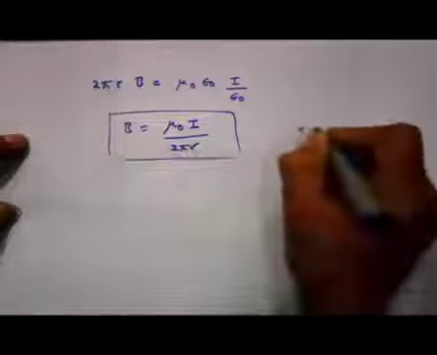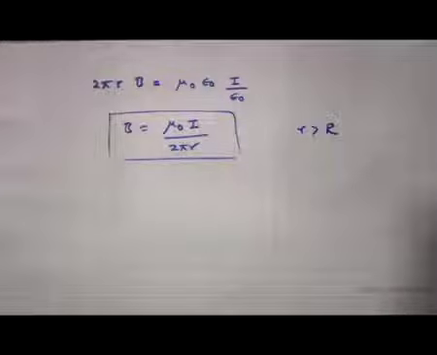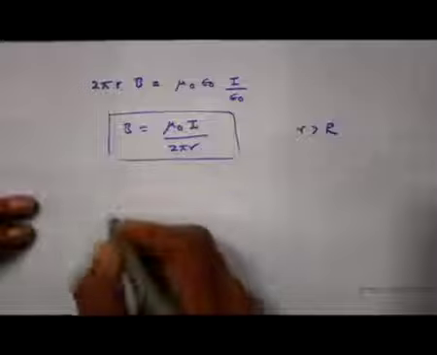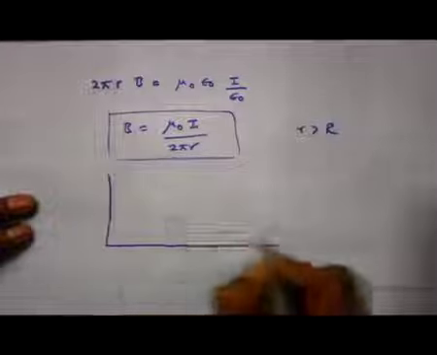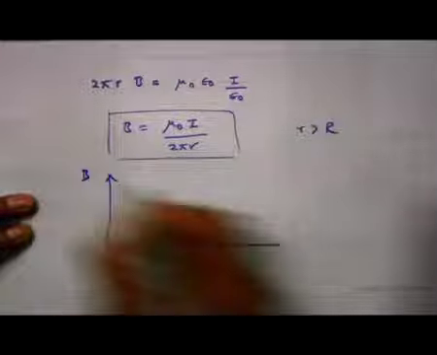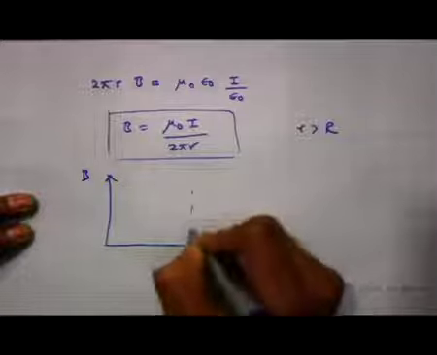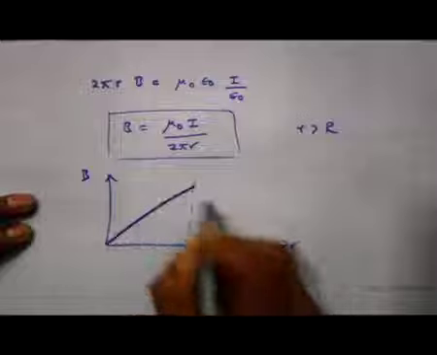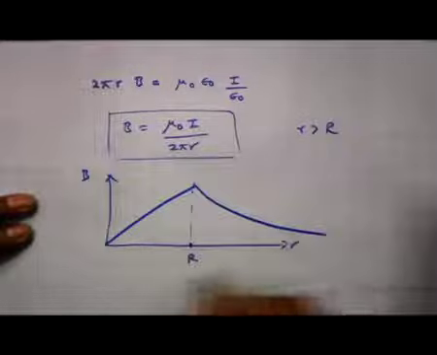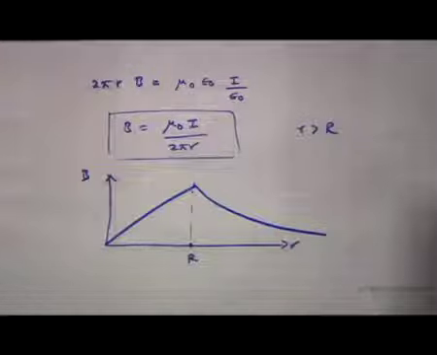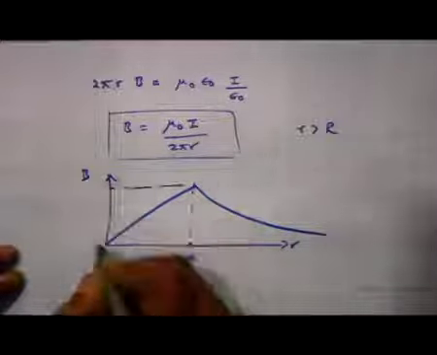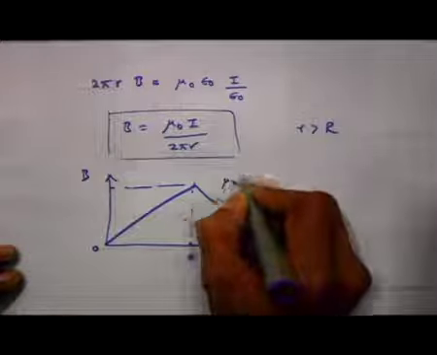This is for r greater than capital R. So, if I were to draw the magnetic field as a function of distance, and this is capital R, the magnetic field increases and then decreases, and at this point the magnetic field is mu naught I by 2 pi R.